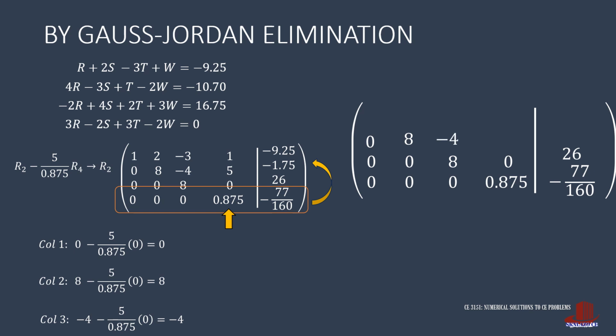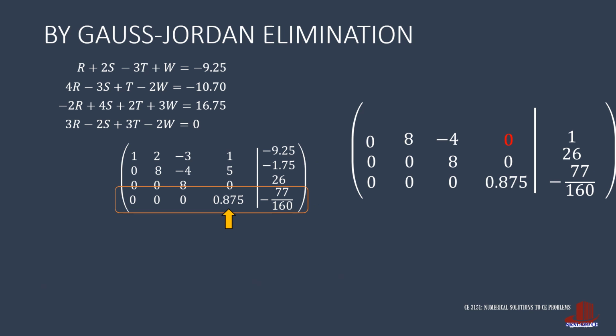The third element then is negative 4 minus 5 over 0.875 of 0, making negative 4. The fourth element is 5 minus 5 over 0.875 of 0.875, making 0. The last element in the row has negative 1.75 minus 5 over 0.875 of negative 77 over 160, making 1.